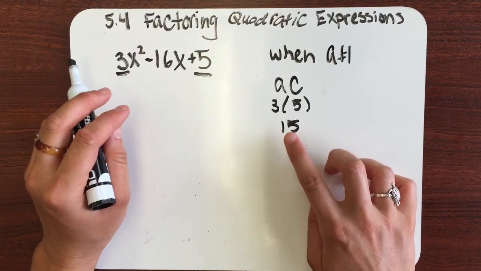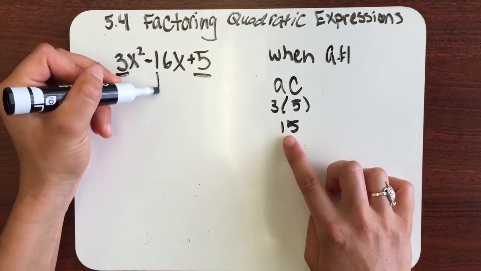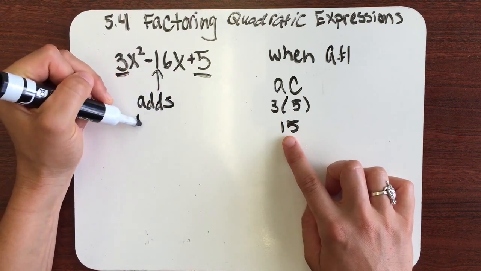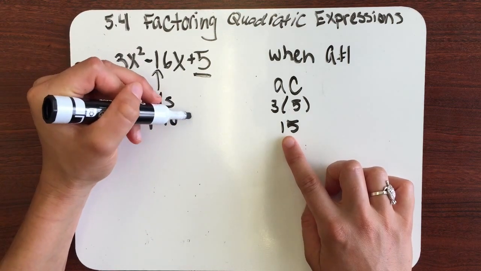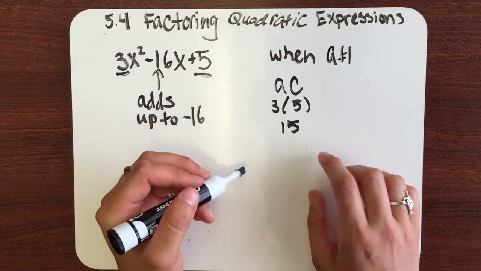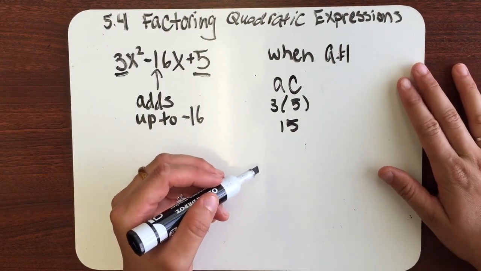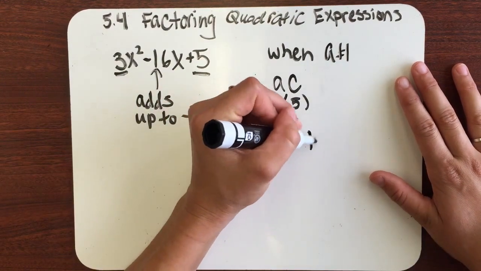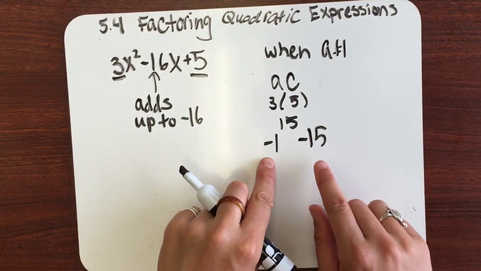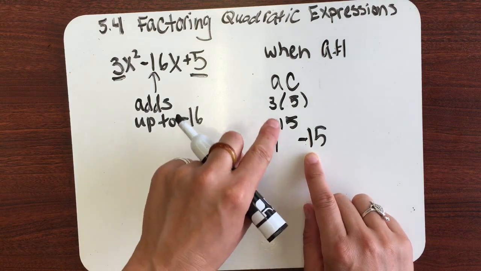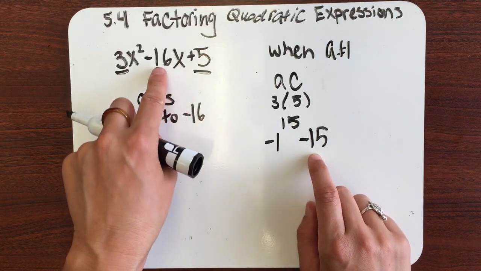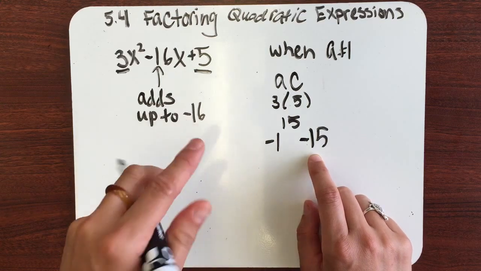And we're going to say what multiplies to 15 and also adds up to negative 16. So we list all of the options. If you know it right away, you could just write that one down, negative 1 and negative 15, because negative 1 times negative 15 is 15, and negative 1 plus negative 15 is negative 16.